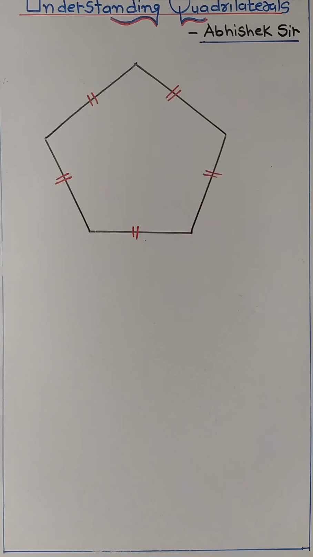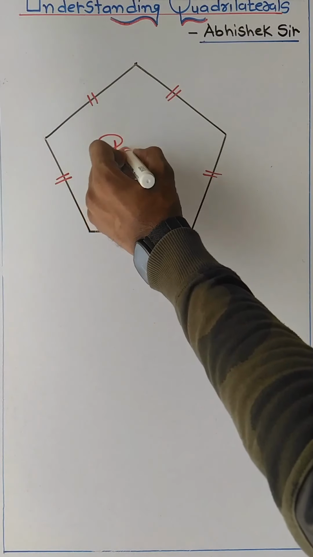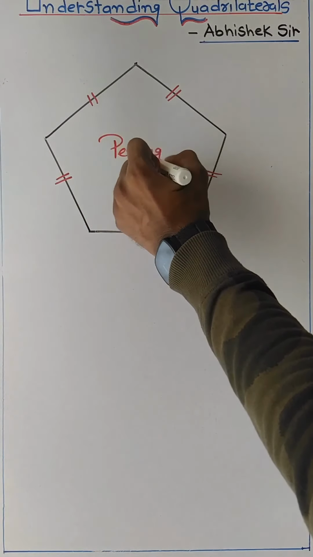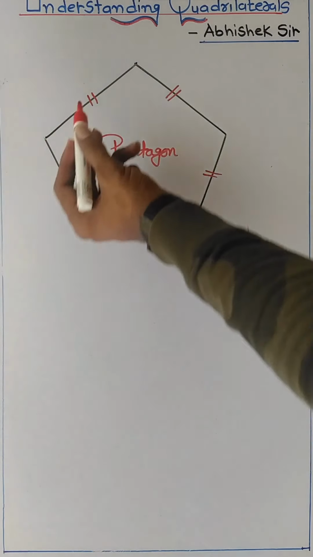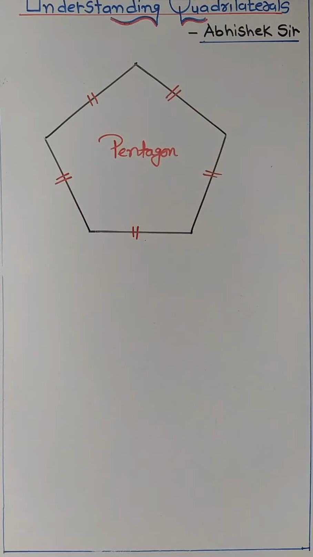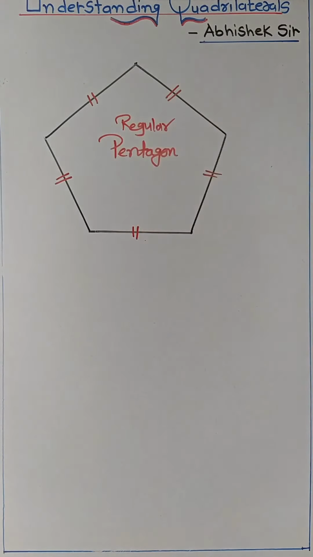Now in this figure, this is a special example. It will be very important as far as the exam is concerned. We have a pentagon over here, right? And which kind of pentagon? You see these lines denote that all 5 sides are the same. So this is a regular pentagon, right?